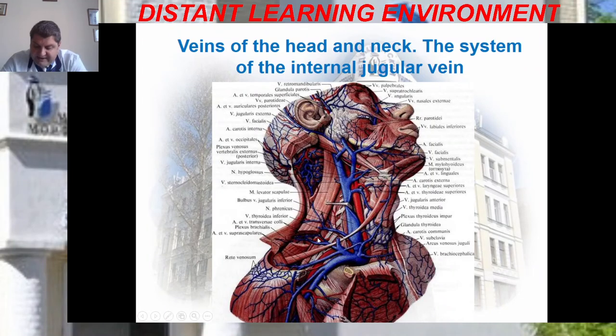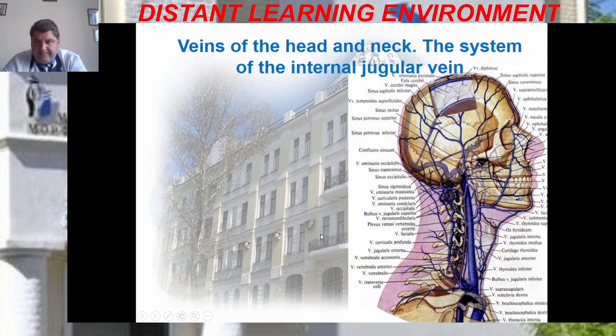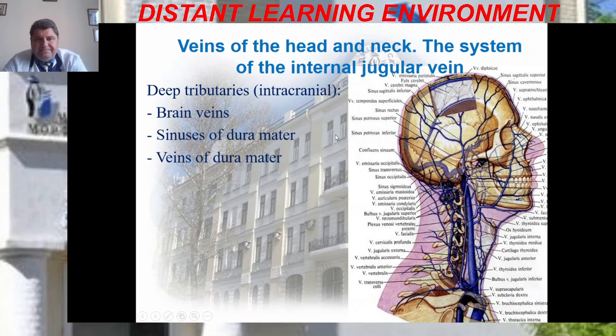The sinuses drain blood into the internal jugular vein. You may see the sinuses of the dura mater here. You may see the intracranial branches of the internal jugular vein: brain veins, sinuses of the dura mater, and veins of the dura mater.